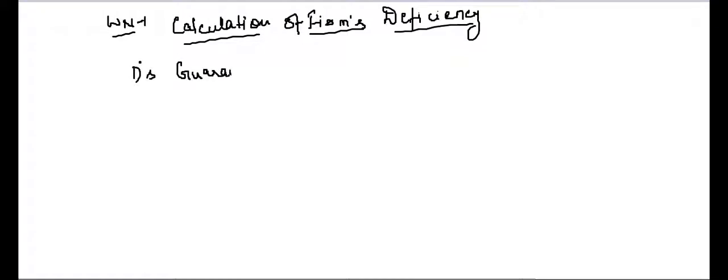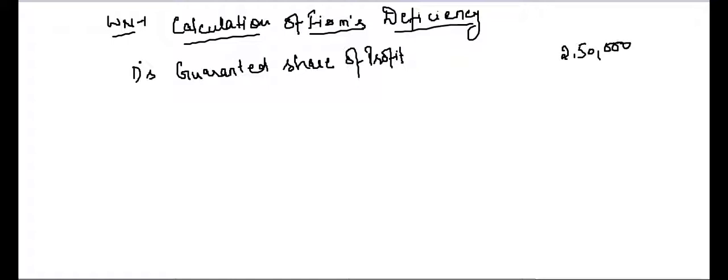Now the firm has given a guarantee to D. Okay. So I'll write D's guaranteed share of profit. D's guaranteed share of profit is 2,50,000.